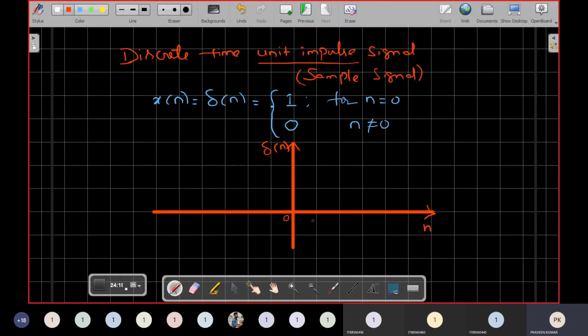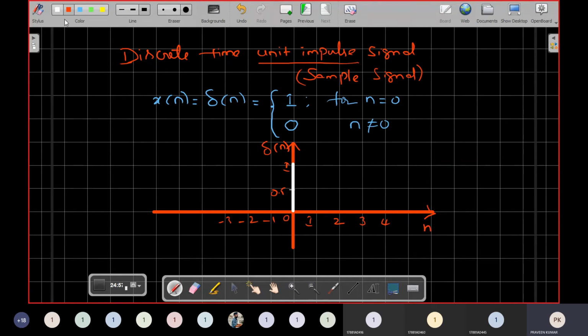This is the 0, n is equal to 1, 2, 3, 4, and -1, -2, -3, and so on. Now see the amplitude here. The unit impulse signal has amplitude 1 at n is equal to 0. So here I am drawing one line. Let us say on the Y-axis one slot is 0.5, so it is 1.